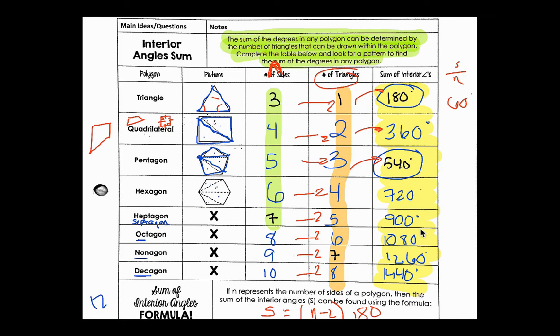What do we know about a square? All of those angles are 90 degrees because we took 360 and divided it by 4. If I wanted to know what one angle of my perfect pentagon was going to be, I would take 540 and divide it by 5, and I would get 108 degrees.